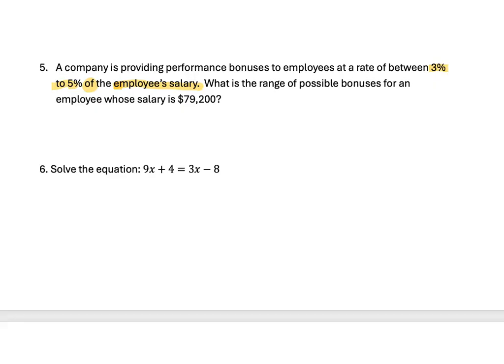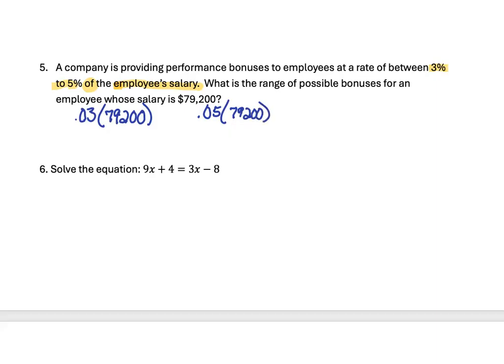So we're going to look at the bottom end of what the bonus could be, which is 3% of the salary of $79,200, up to the upper end of what that bonus could be, which is 5% of $79,200.